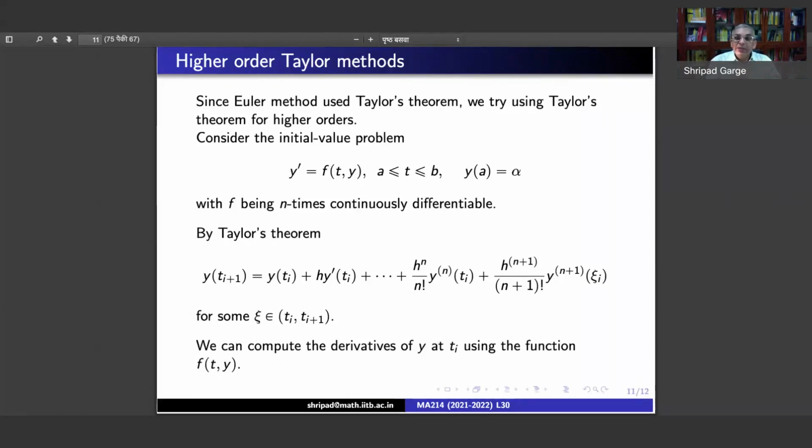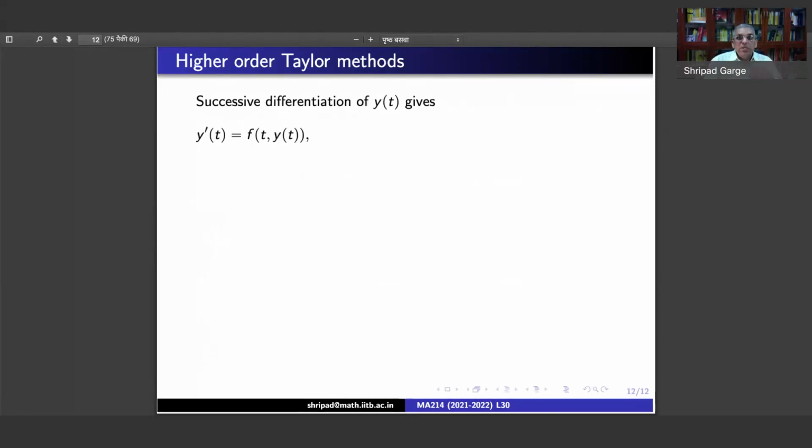And here, in fact, we are talking about higher derivatives of y, but these computations will be done keeping y in them. So perhaps we will not have time to do any example in this lecture, but in the next lecture, we will see examples where the second derivative of y, third derivative of y will be computed using various derivatives of the function f.